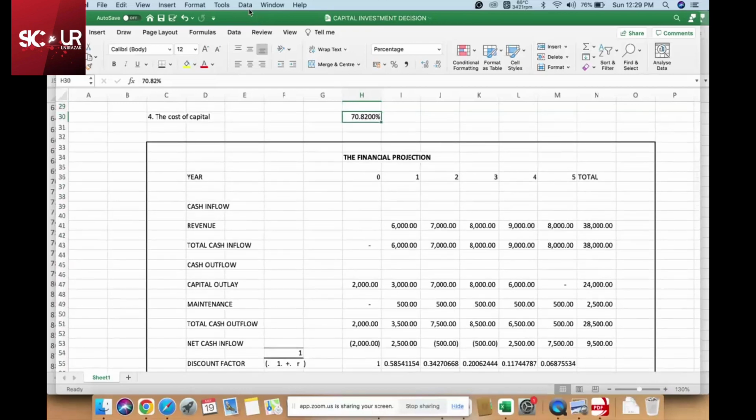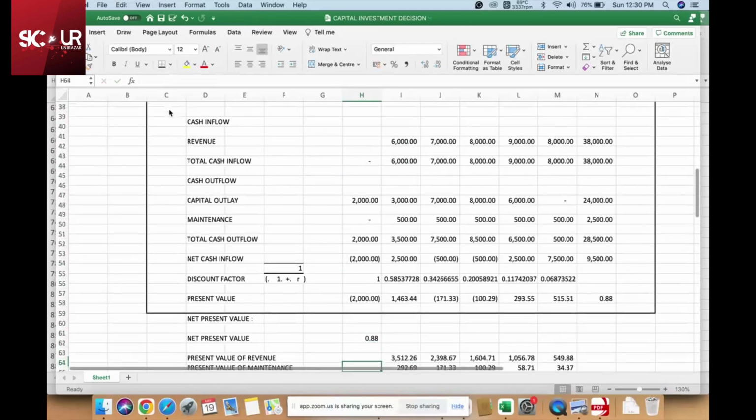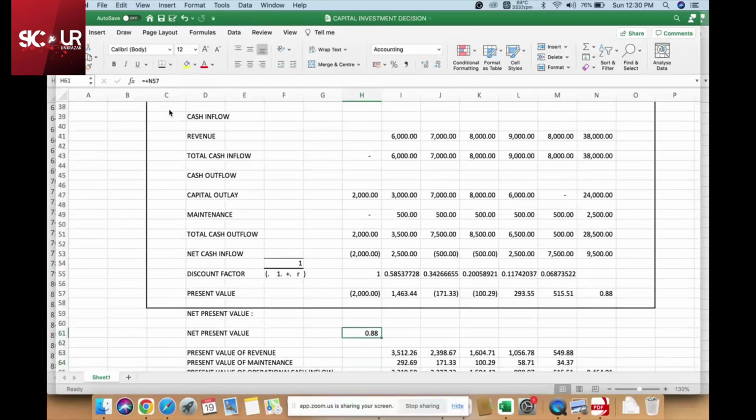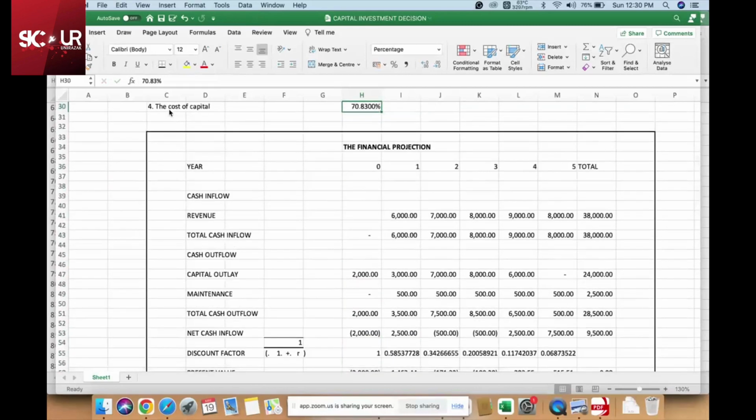We need to increase to 70.83. All right, so it is slightly lower. Slightly lower.